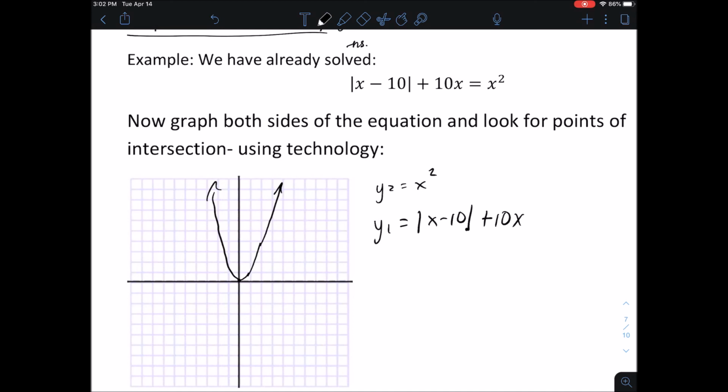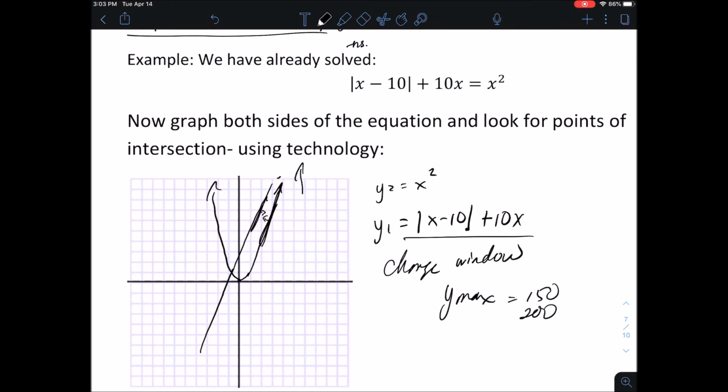So if you take a minute and put that into your graphing calculator, the combination here of an absolute value and then plus 10x kind of looks like a bit of a straight line. And you can see that our second line comes up through here, and then that other intersection, you can see that x squared and this line are getting closer together, but you can't quite see that intersection point, so you have to change the window.